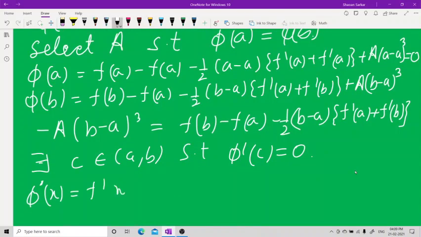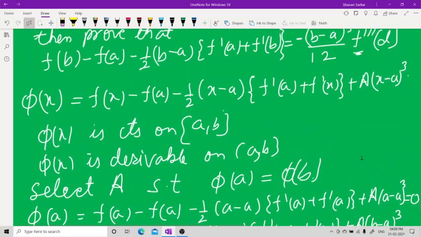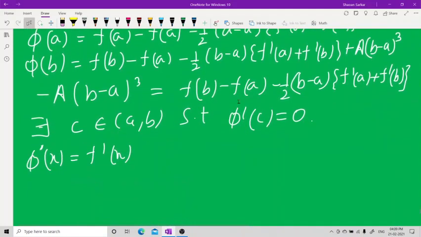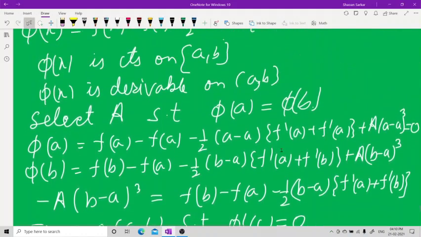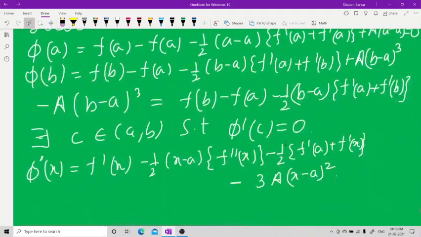Phi dash x is f dash x minus half f dash a plus f dash x, then we have to do the derivation of the next term, minus half (x minus a) times f double dash x. The derivative of the last term is plus 3a (x minus a) whole square, just a minute, let me check, yes it is plus 3a.